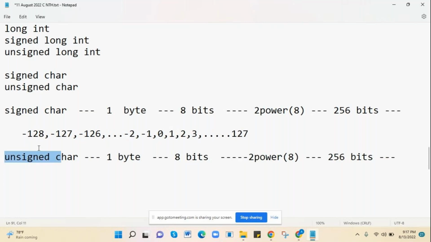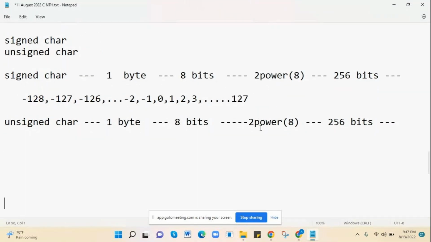Irrespective of negative and positive values, it will take only the quantity, the number, not the sign, whether it is positive or negative. It will take only the quantity of that number, whether it is minus 36 or plus 36, it will take only 36.